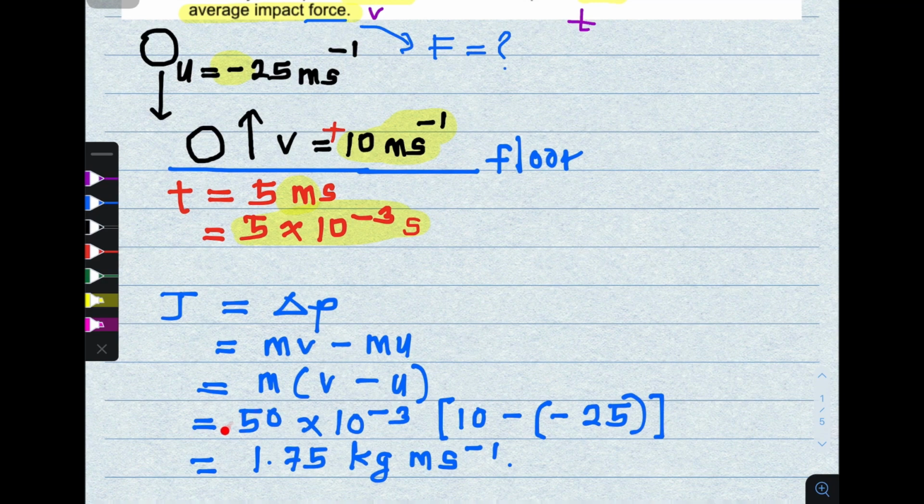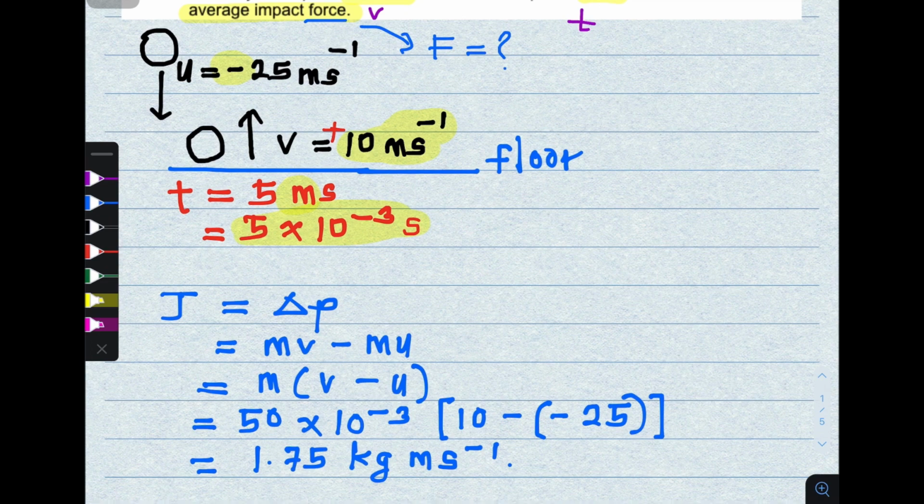Now we are going to substitute the value of m, which is 50 gram, and you need to convert it into the SI unit. So you will get 50 times 10 power of negative 3.